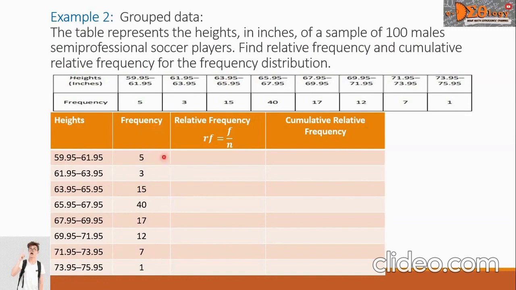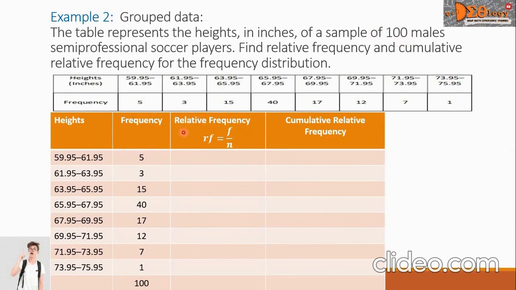So we don't need the tally column now. Next, we're going to find the total of the frequency, and this is equal to 100. This is based on how it is described in the problem that there must be 100 male players.